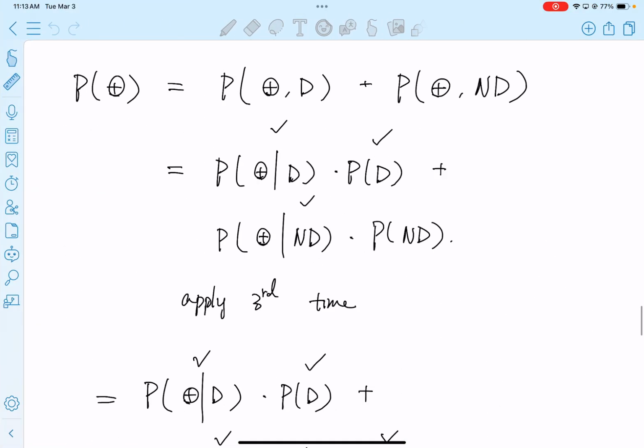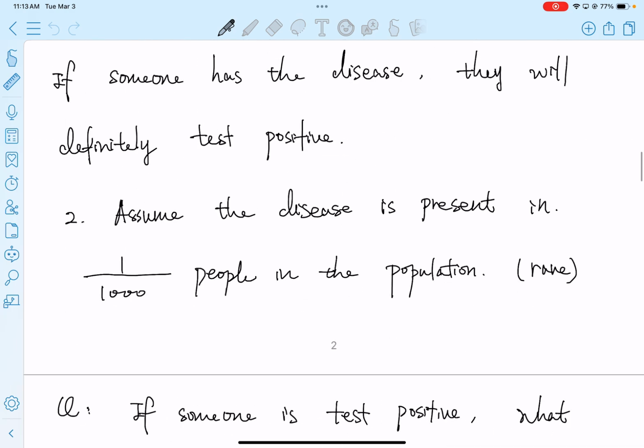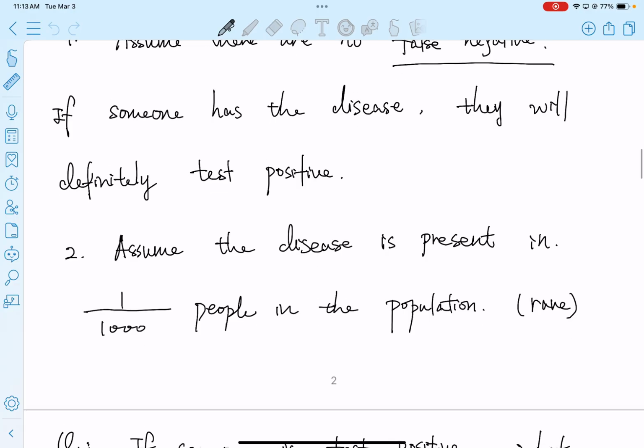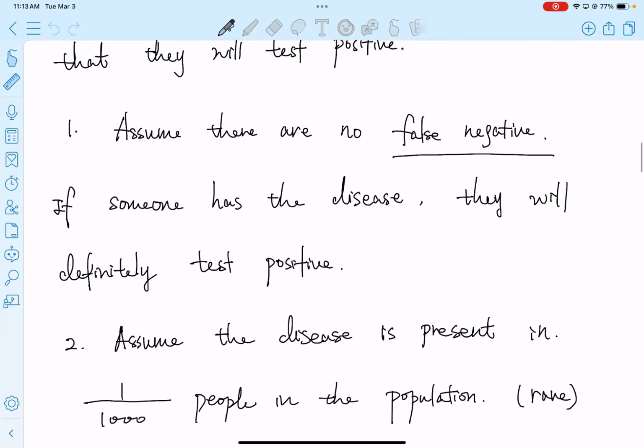Okay, so let me just revisit the problem here. Even if the doctor or the clinical person developing this test has no false negatives, that is saying that the tool or exam this doctor developed is very strong, very good. When you have the disease, you always test positive.